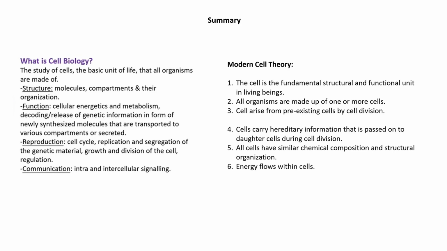So the reproduction capacity is also there for a single cell, and apart from that, there is communication: intra and intercellular signaling between cells, as well as inside a single cell, various cell cycle factors and proteins which interact with each other to promote physiological processes inside the cell. That can be cell division, or for example, transcription and translation of certain proteins or genes which are necessary for the maintenance of the cell, to maintain homeostasis.